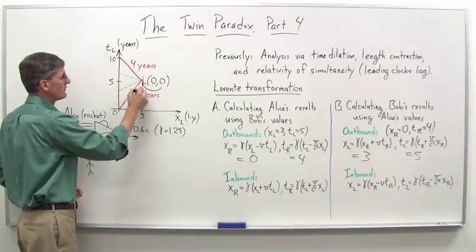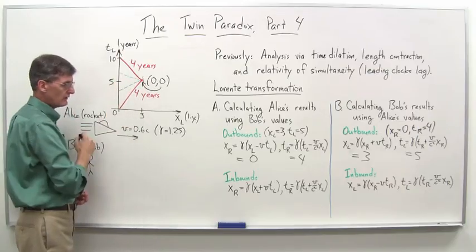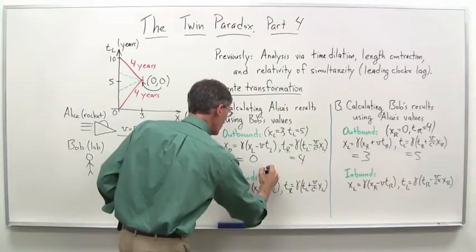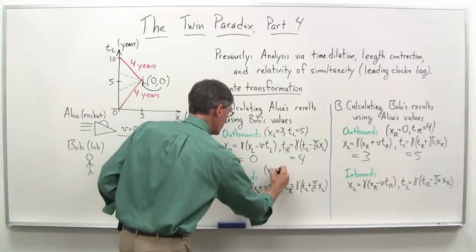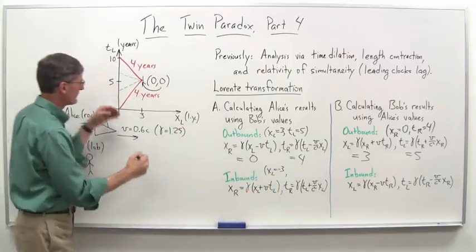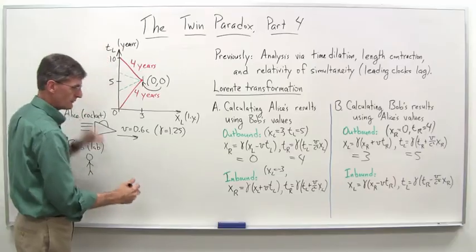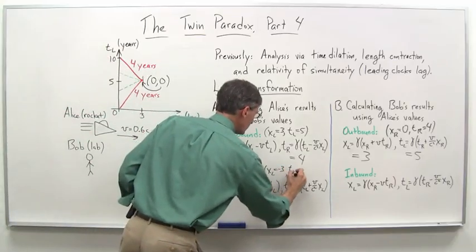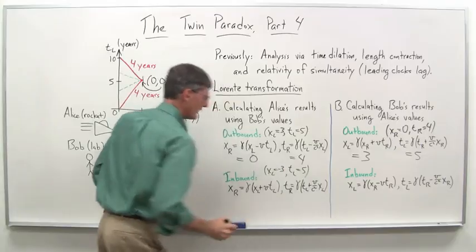So this is now 0, count off negative 3 back to here, and so we can write xl equals negative 3, and tl is the same. tl still goes up 5. So it's really xl equals negative 3, tl equals 5 years.